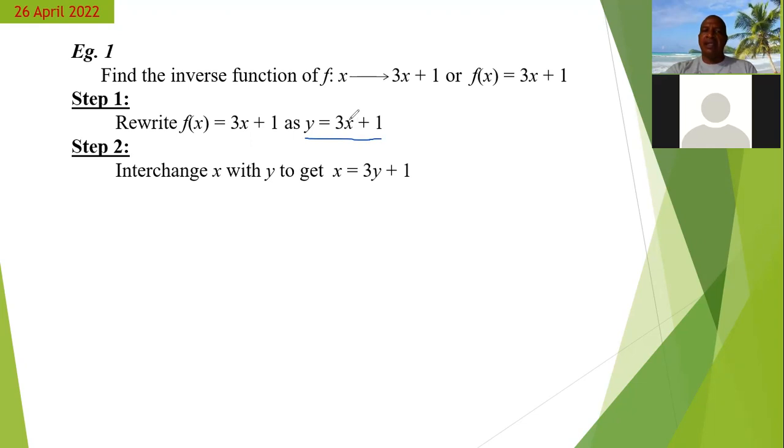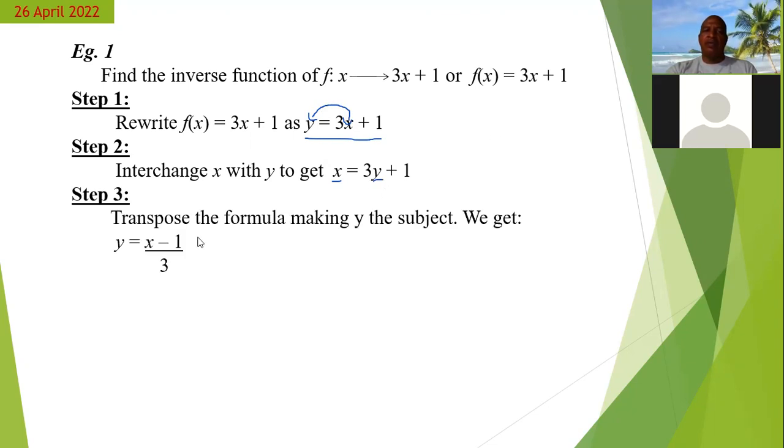So where the y is, now we put x, and where the x is, now we put y. So that's the second step. We interchange the x and y.